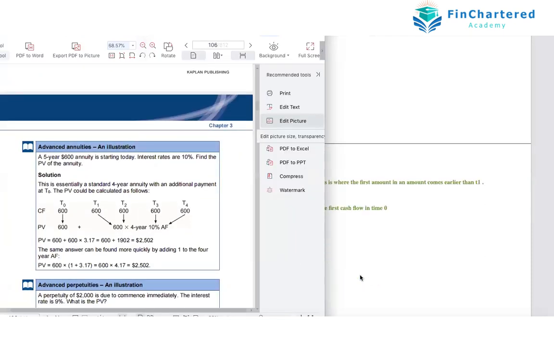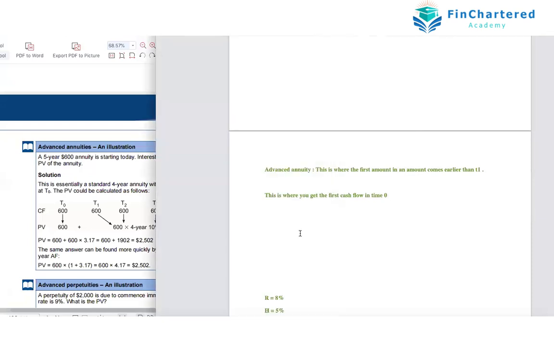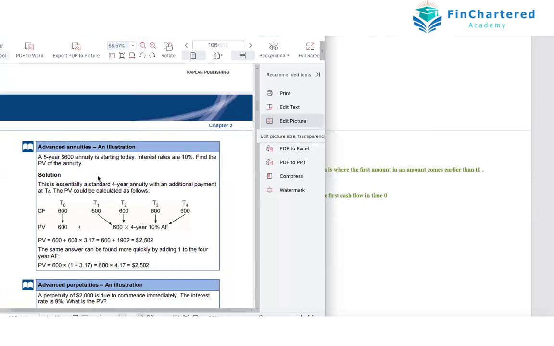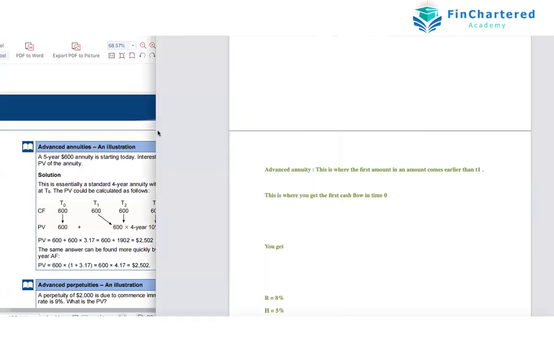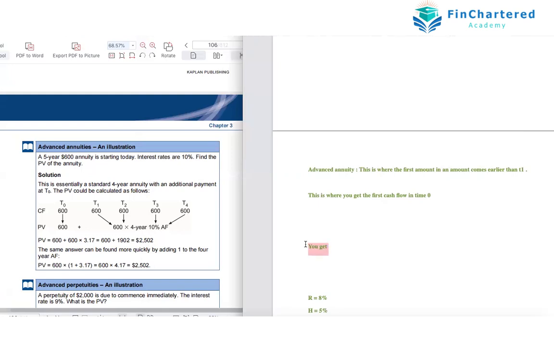The easiest way to do it is, again, I use this same example, but suppose $600 you are to receive for 5 years. $600 for 5 years means this is an annuity.